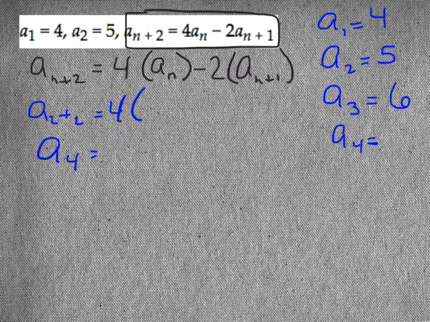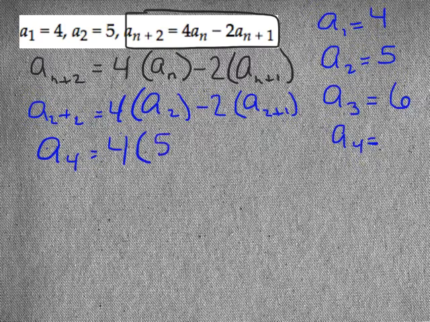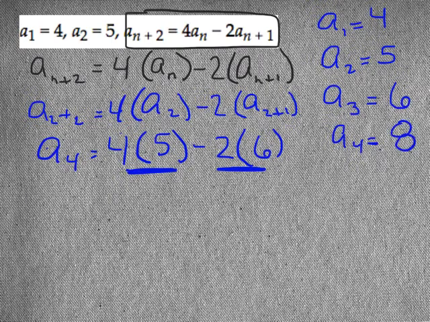I substituted a sub 2 in for a sub n, so 4 times a sub 2 minus 2 times a sub 2 plus 1. So let's substitute here. A sub 2 is 5 times 4, minus 2 times a sub 3, which we just found is 6. So when I do 20 minus 12, that's going to give me my 8.